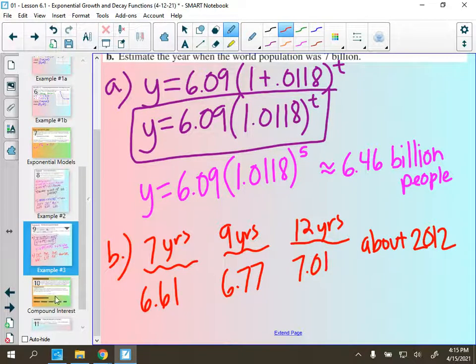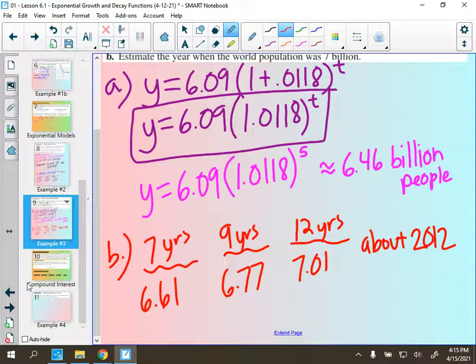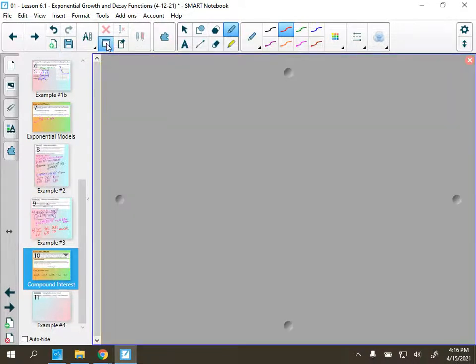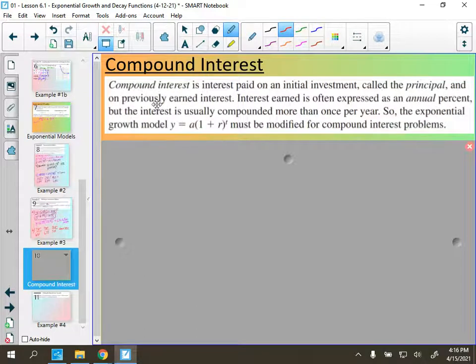The last thing we need here, as far as exponential growth and decay functions, is compound interest. This isn't a personal finance class, but first off, what is interest? Interest is money that the bank pays you for keeping your money there and allowing them to loan it to other people and use your money.